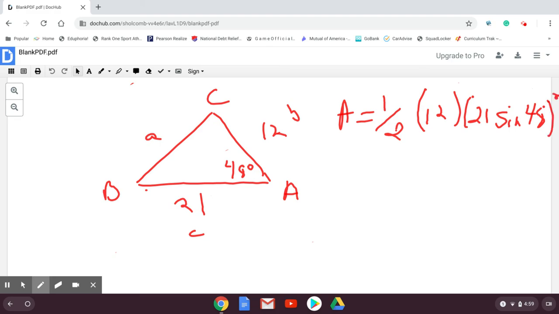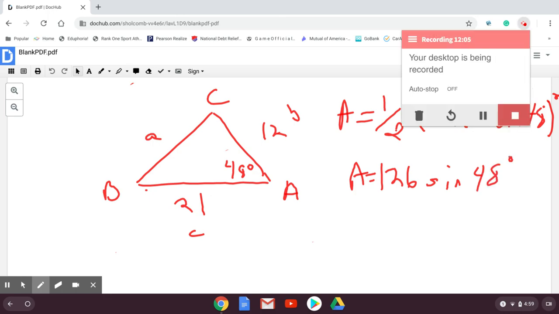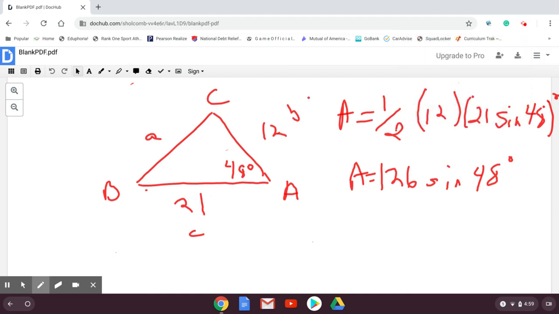And at this point, guys, it's just calculator. 1/2 of 12 is 6. 6 times 21 is equal to 126. And so the area is equal to 126 sine of 48 degrees. And we now have a separate way to find our area using a shortcut variety.